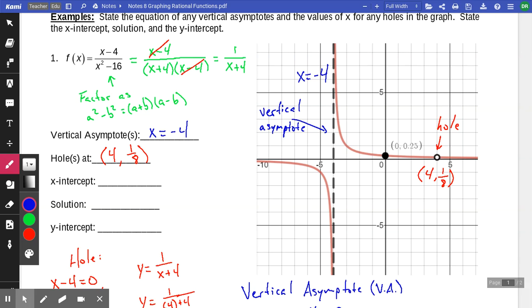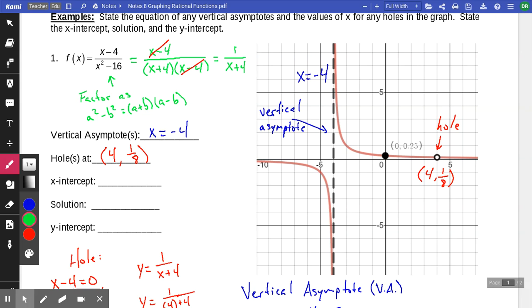So we need to be able to identify where these asymptotes and holes are. Otherwise, everything else should be pretty familiar, right? X-intercepts are where we cross the x-axis. Now, we're not going to identify it, but you'll notice that these graphs start to level out to the left and to the right. There's technically something called a horizontal asymptote as well.